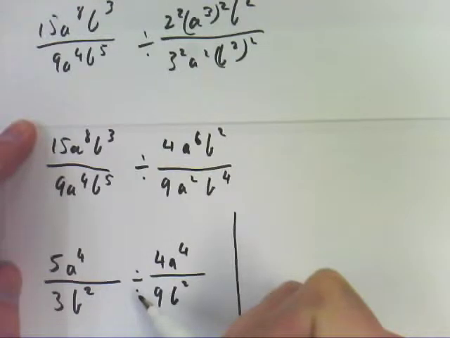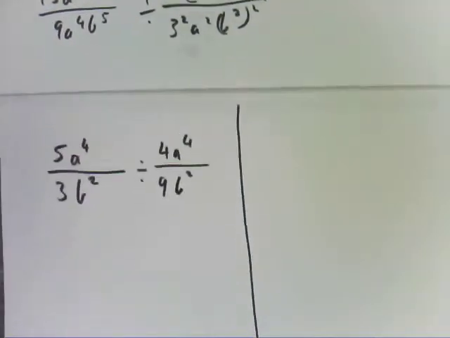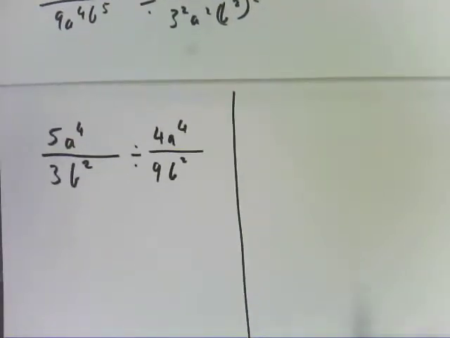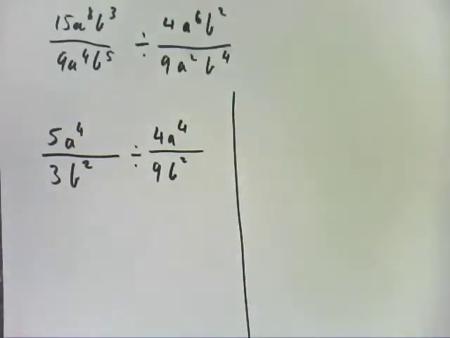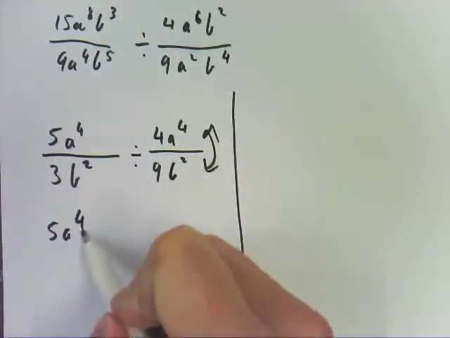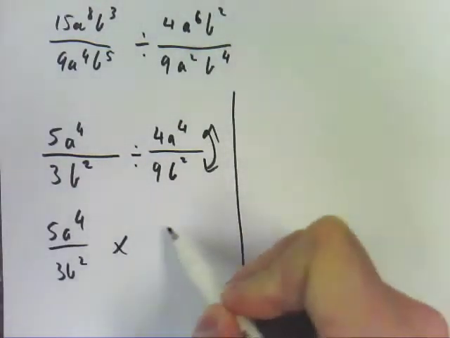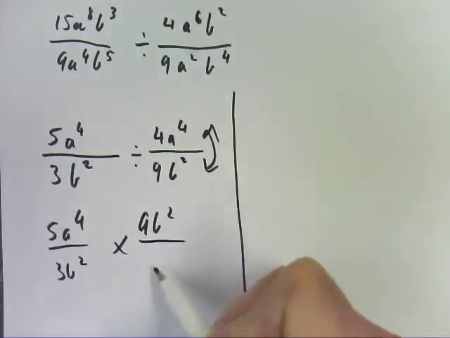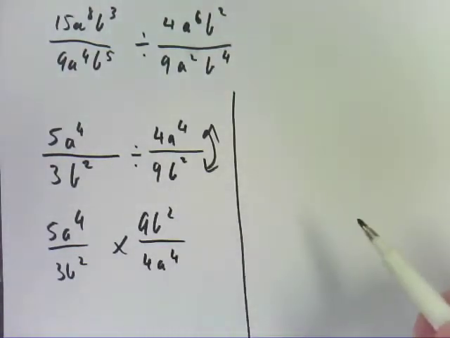Panic stations because we can't do it. What do we do? No, you flip the right side. You flip, yeah. Times. So you flip this guy and make it times. Okay, so 5a to the 4 over 3b squared times 9b squared over 4a to the 4.